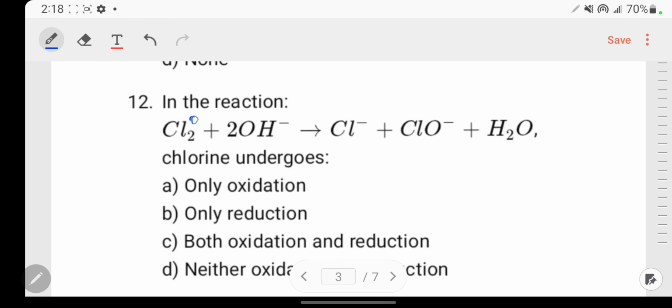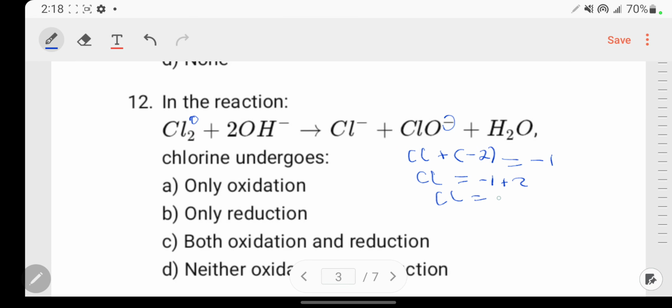But how about here? If you look at here, we have Cl and O. We know that the charge of oxygen is -2, so chlorine plus the charge of oxygen, -2, should be equal to the overall charge of a charged compound. So we equate to -1. The -2 can be taken to that side, so we have -1 plus 2.